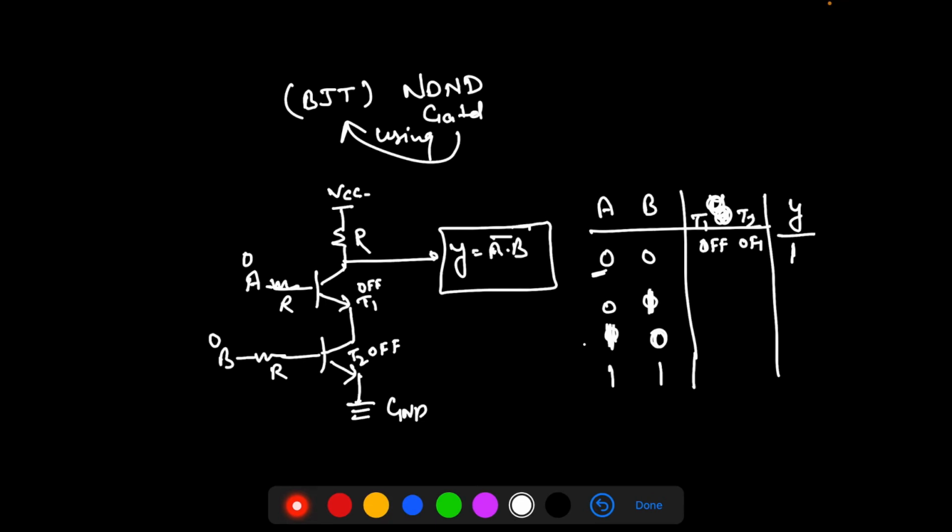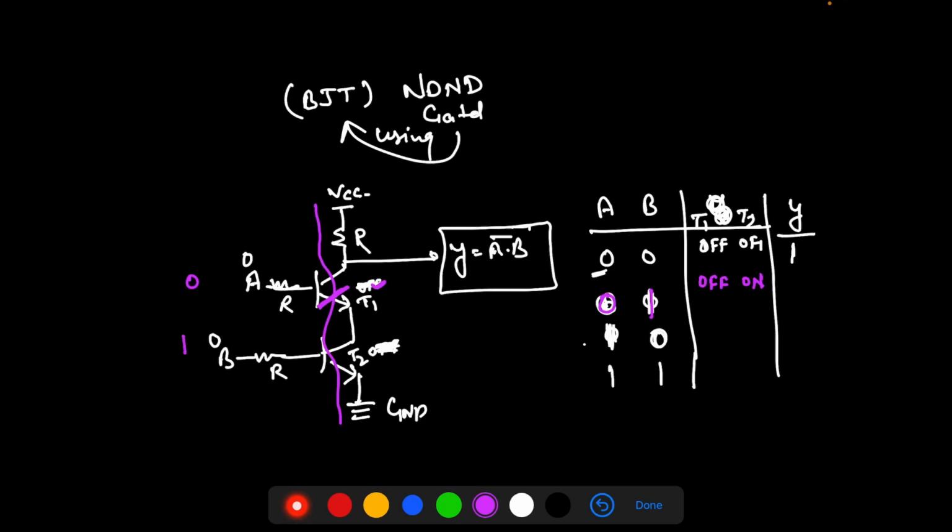In the second case, if our A is 0 and B is 1, this one is off and T2 is on. If this one is off and this one is on, now the current is also not flowing from here to here because it breaks down here, because it behaves like an open circuit.